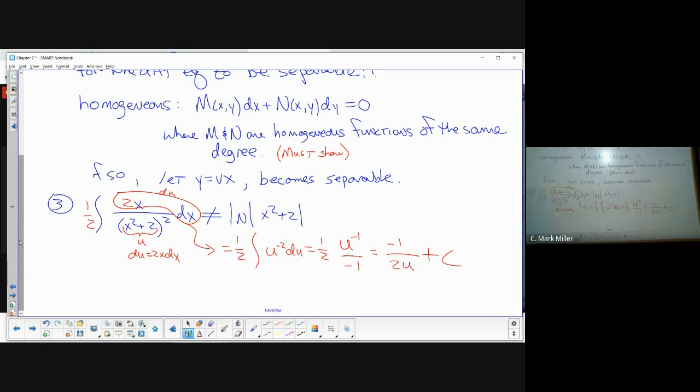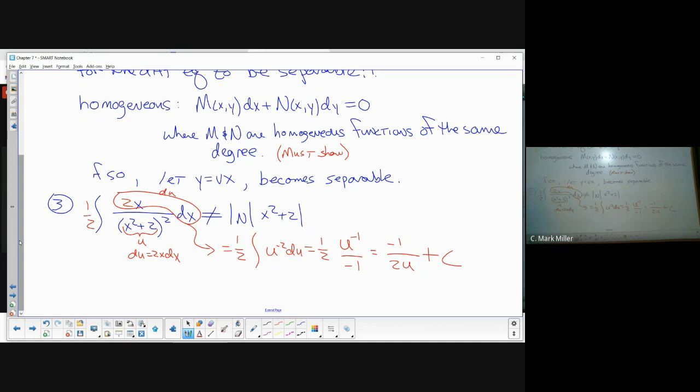Only 1/2 comes from the square root. This 1/2 here? No, it comes from the fact that you needed to make the derivative here up there. So it comes from that 2. Right? It comes from that 2. So you have to have a function to a power and then the derivative of the inside on the outside somewhere.